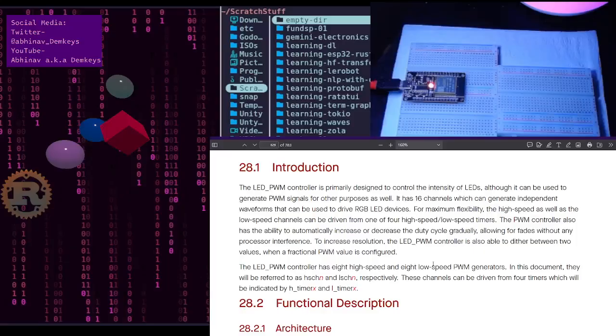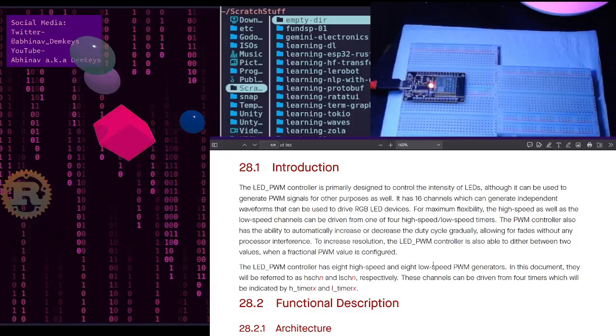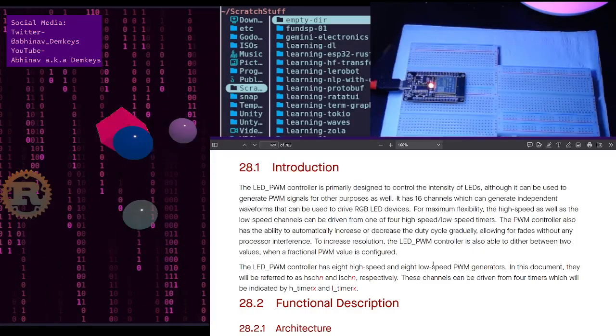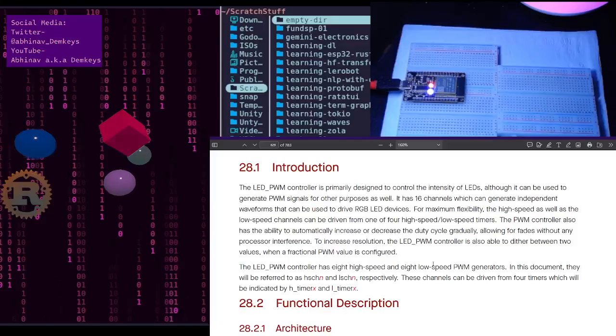For maximum flexibility, the high speed as well as the low speed channels can be driven from one of four high speed/low speed timers.